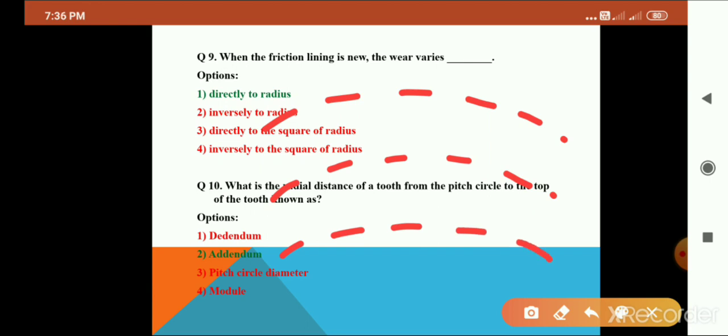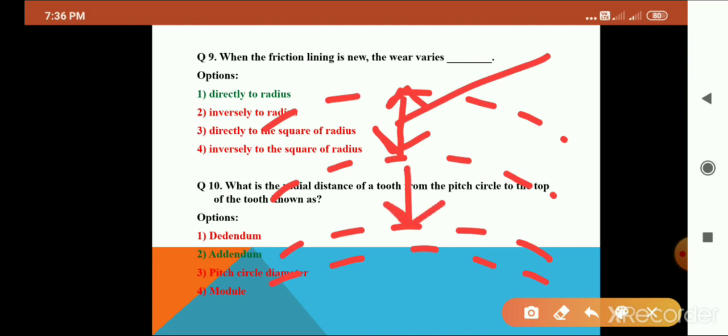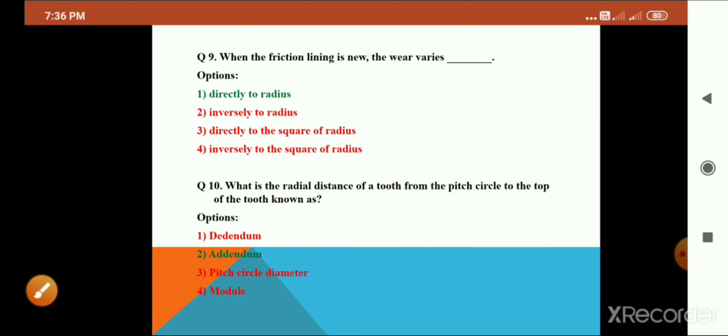Beyond the dedendum circle, another circle is there, which is the clearance circle. From the top up to the pitch circle, it is called addendum, and from the pitch circle up to the dedendum circle, it's called the dedendum. So here the correct answer is addendum.